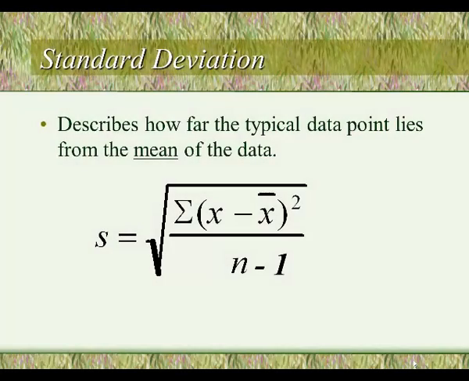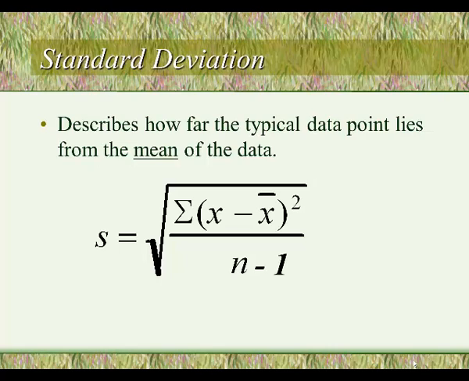I'm going to take this opportunity to look at the equation for standard deviation. We're going to be working with this much more in the next video, actually making some calculations from sample data. But here we see the equation for standard deviation. Standard deviation is the square root of the sum of the differences that have been squared.